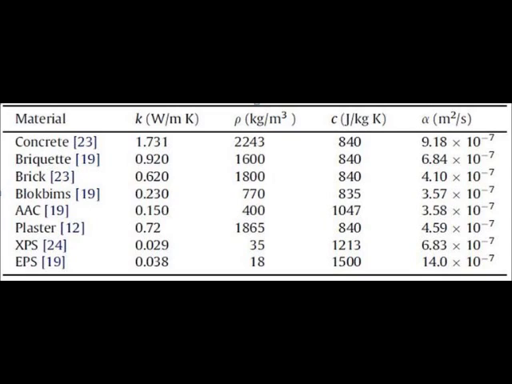Either the expanded polystyrene or the extruded polystyrene give really low K. But I see the XPS, the extruded polystyrene, has lower K here in this case. So why don't we use that? It's about cost. You don't want your house to be really expensive, right? Because extruded polystyrene costs a lot more than the expanded polystyrene.